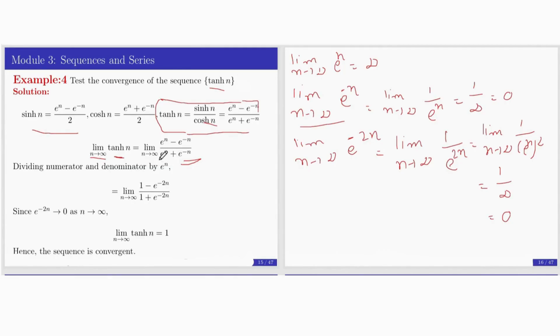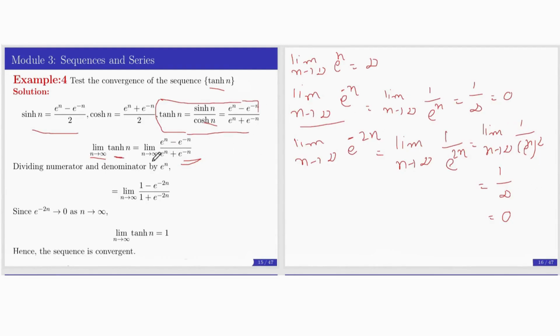First of all, as we know, the limit of e^n is infinity and the limit of e^(−n) is 0.